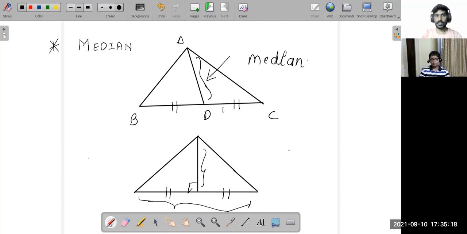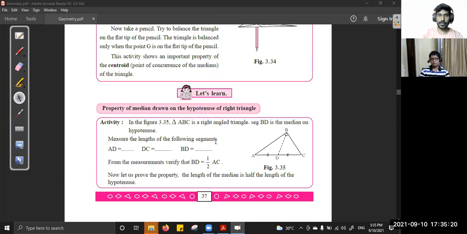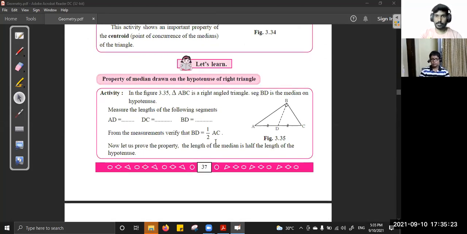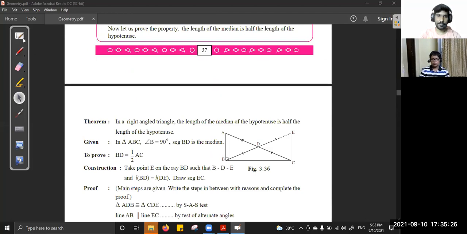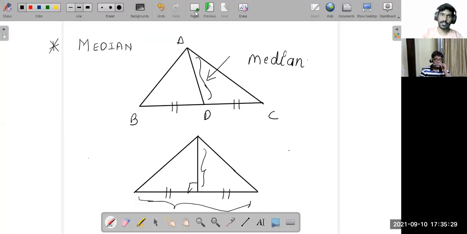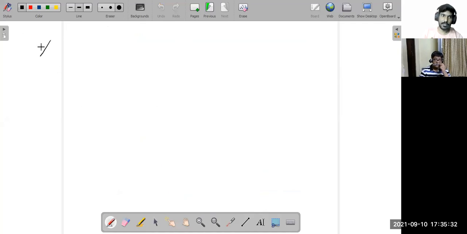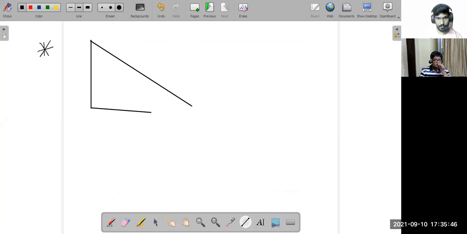Okay. Now the next property is in a right-angled triangle. Suppose this is a right angle triangle ABC and you draw a median from B to the hypotenuse.